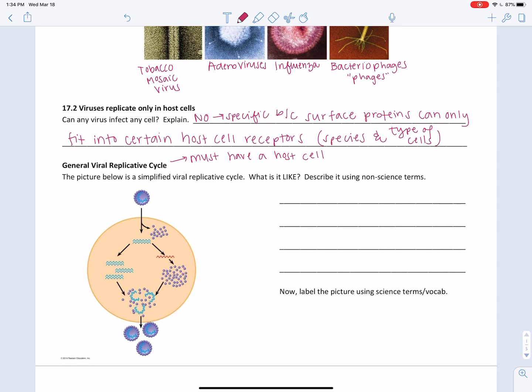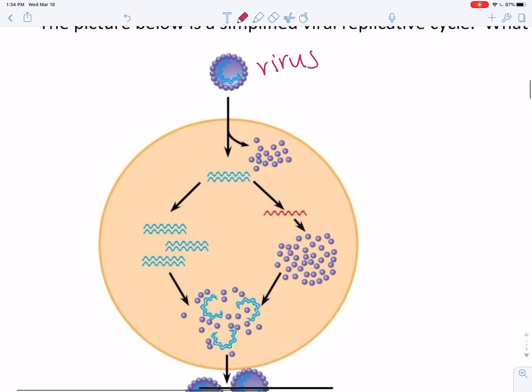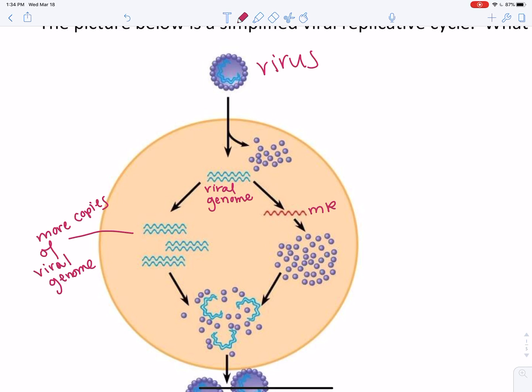And so what it basically does is the virus injects its genome, and the genome is used to make more copies of the virus's genome. And it is transcribed into mRNA, which is going to be translated by the host cell's ribosomes into more viral proteins.